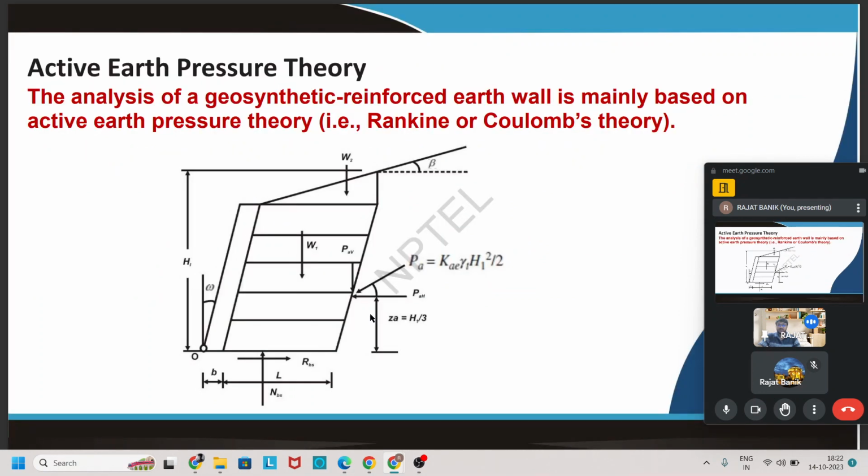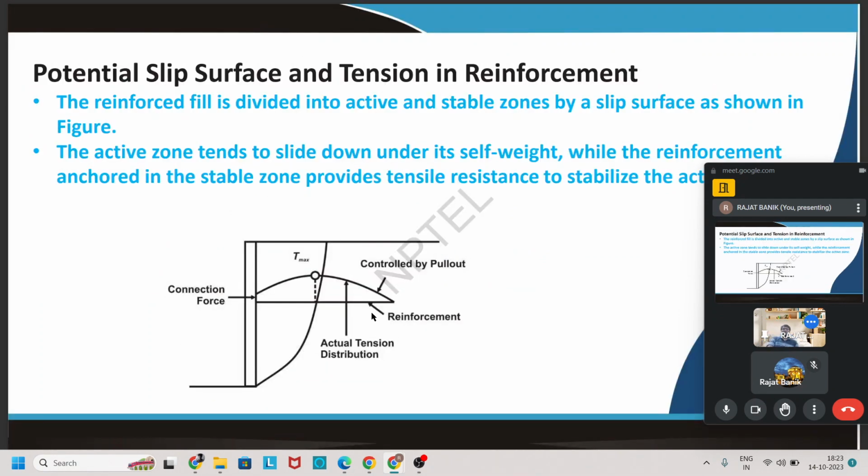And we also discuss what forces act on this wall, the tension strength acting due to this failure, and how much of this force needs to be addressed.